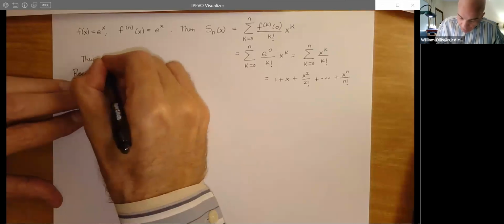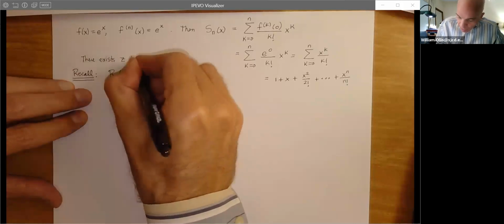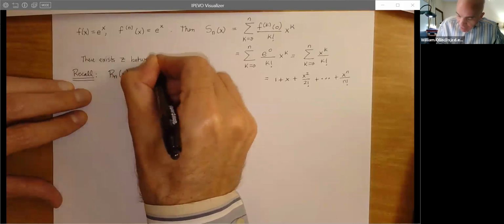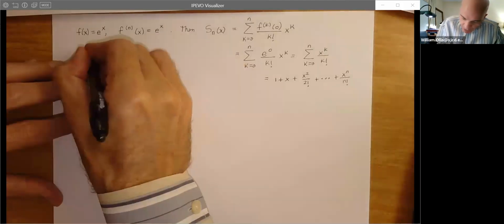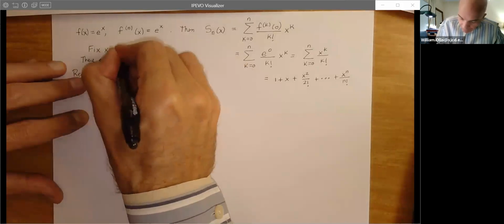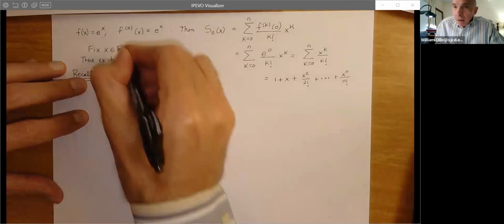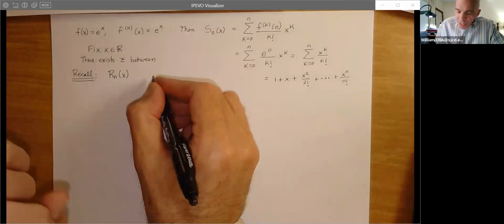there exists z between, that is of course up here. Now let me fill in the details. Fix x in R. The idea here is we just think about the proof.